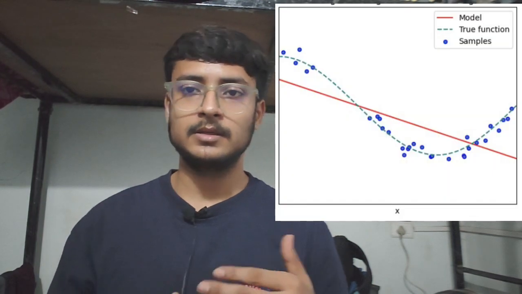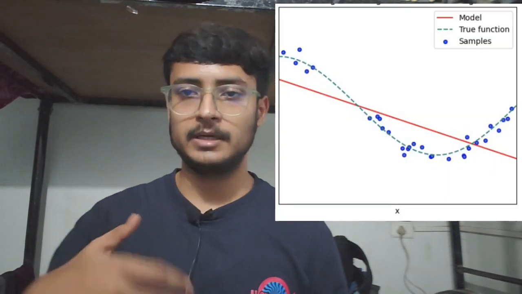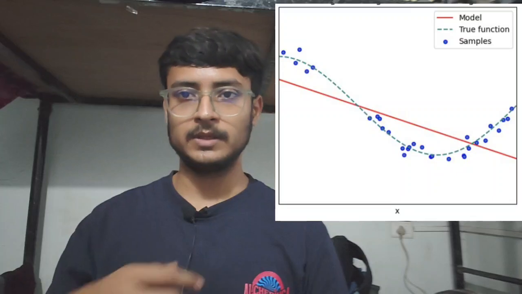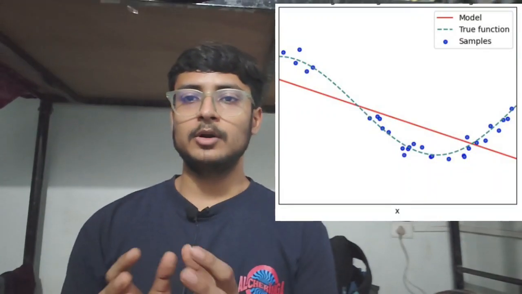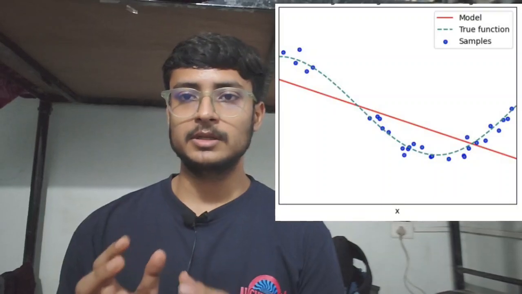In bias, let's take an example where we have complex data which has a non-linear relationship, and we try to fit it with a linear regression model. Clearly we can see that the model complexity will be comparatively much lower than the complexity of the data. So here the model is making strong assumptions about the data, assuming that the relationship between the input variable and the output variable is linear, which is clearly wrong here.